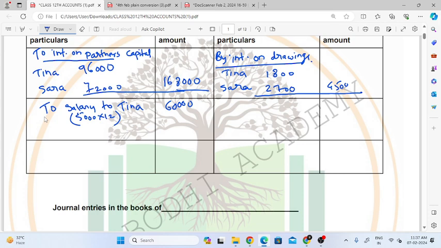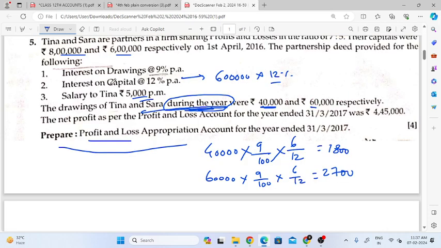Next, only this information they have provided, and the next thing they have given is the net profit as per the profit and loss account for the year ended 31st March 2017, which was 4,45,000. So this is the overall net profit they have given.